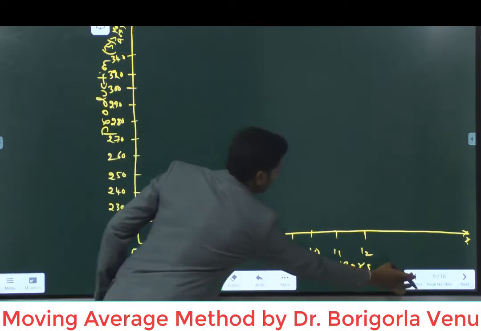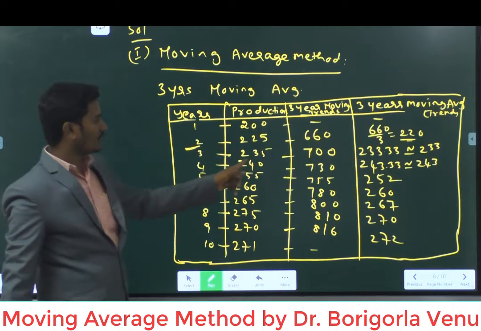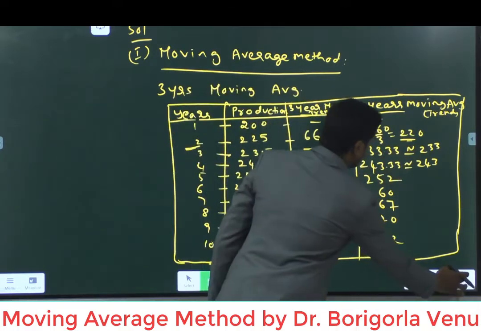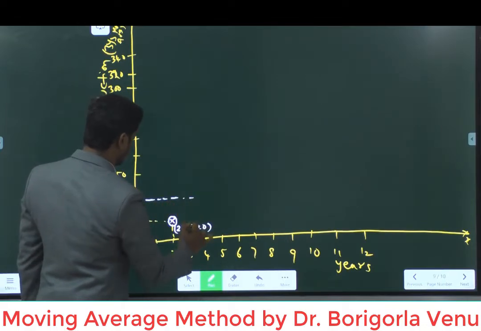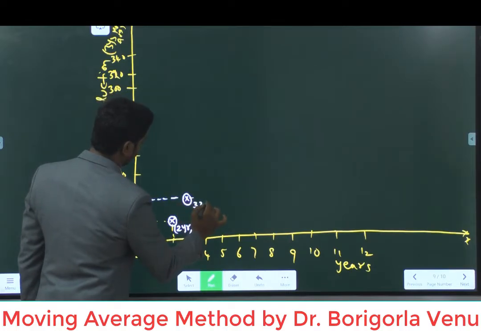Next, coming to the third year, the production is 233. So suppose we take 233 here.